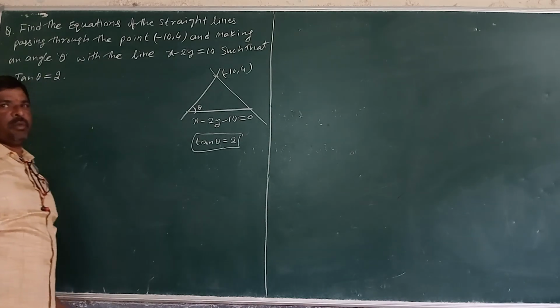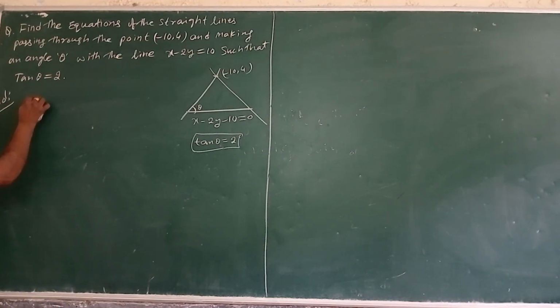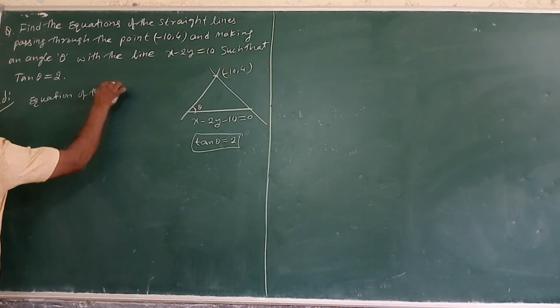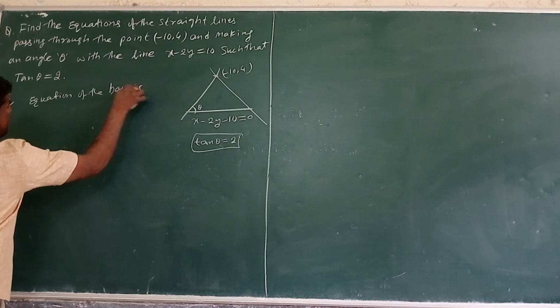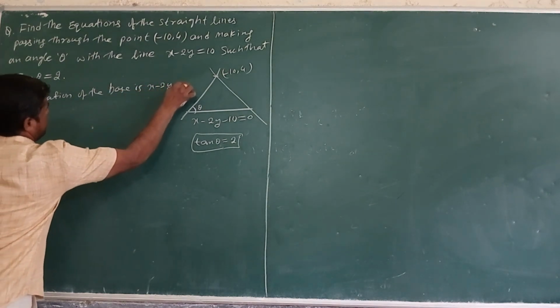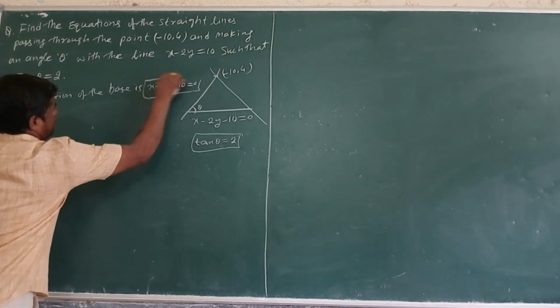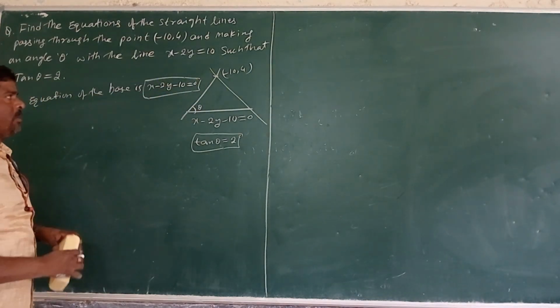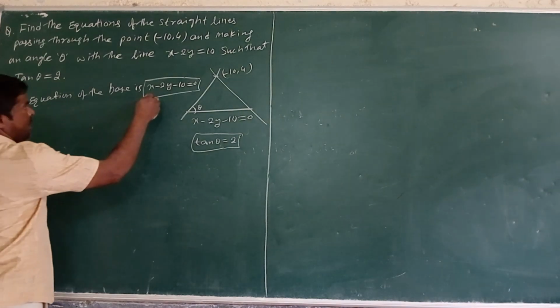So the equation of the base is x minus 2y minus 10 equals 0. Reduce this line to slope-intercept form, where m equals minus a by b.